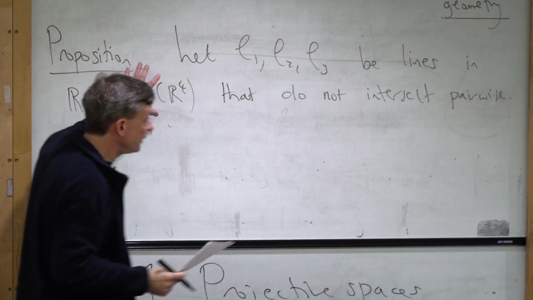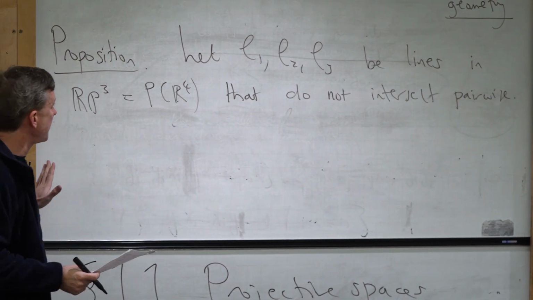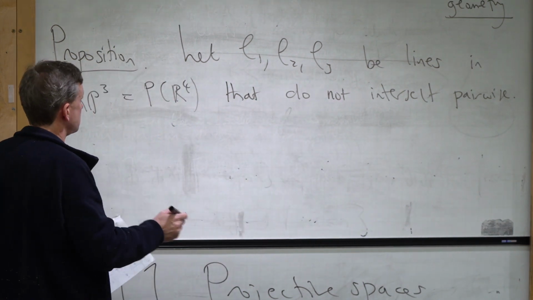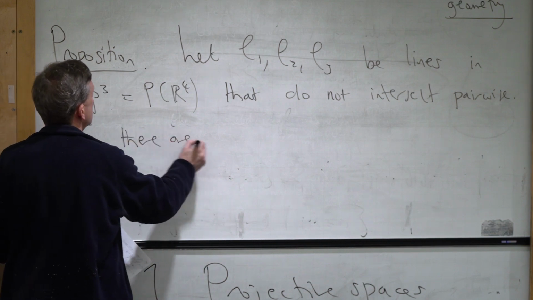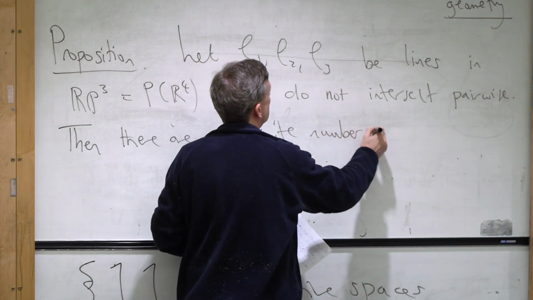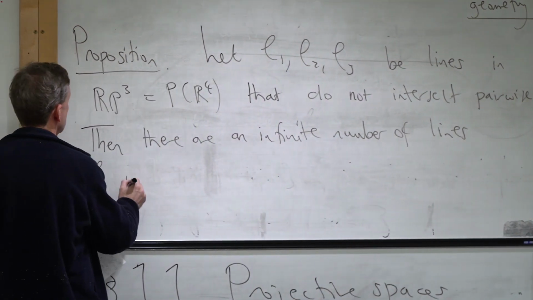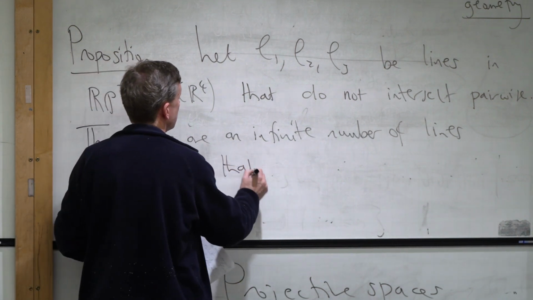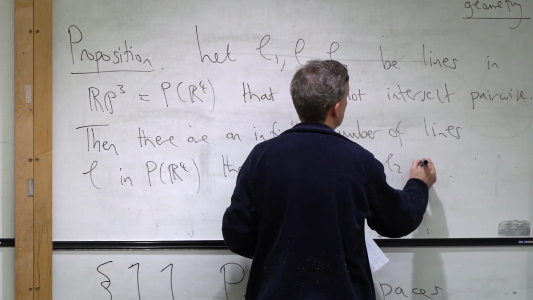So no two of these lines intersect. If you're making the same statement in R^3, you have to say they don't intersect, and also no two of the lines are parallel. The conclusion is that then there are an infinite number of projective lines L in P(R^4) that intersect all three lines, L1, L2, and L3.